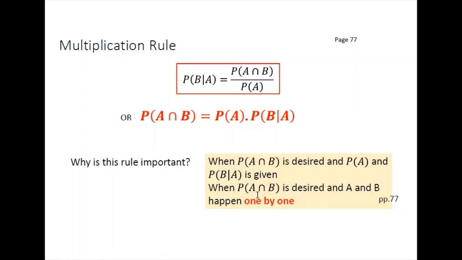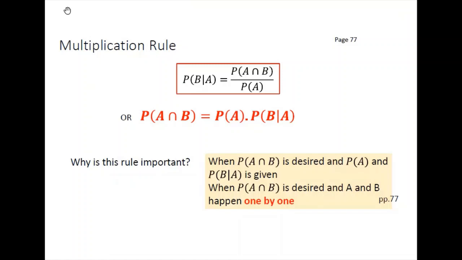And two, when the probability of A intersection B is desired and A and B happen one by one. It's the keyword.